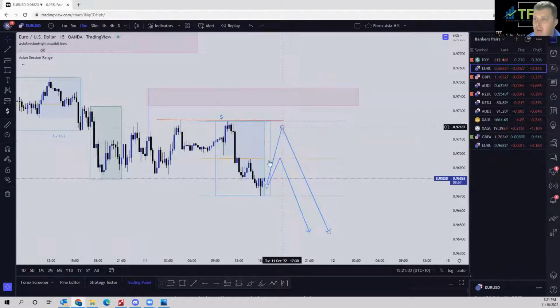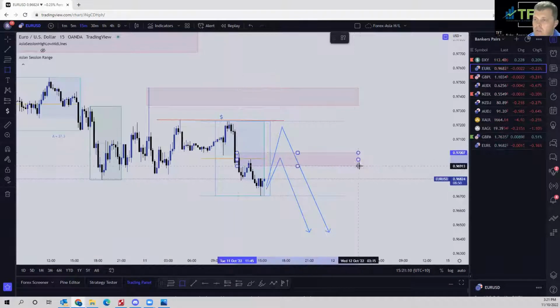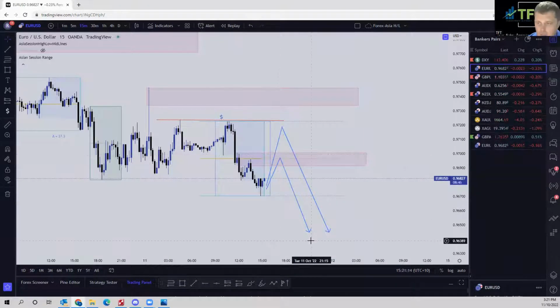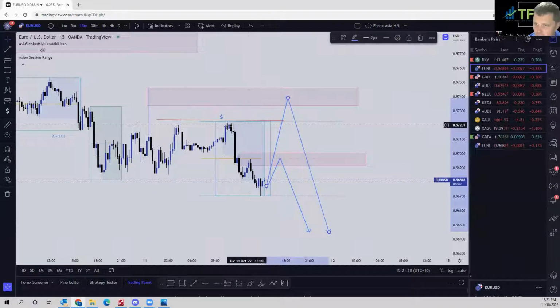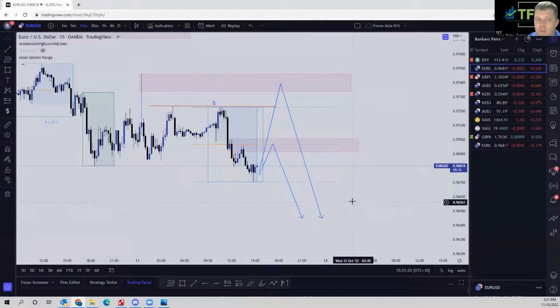So for me, I think we either see a retrace here, we see this little area hold for today and continue bearish, or we come up, see a sweep of the Asian highs, a sweep of the equal highs into this extended wick, and then a pull down further.